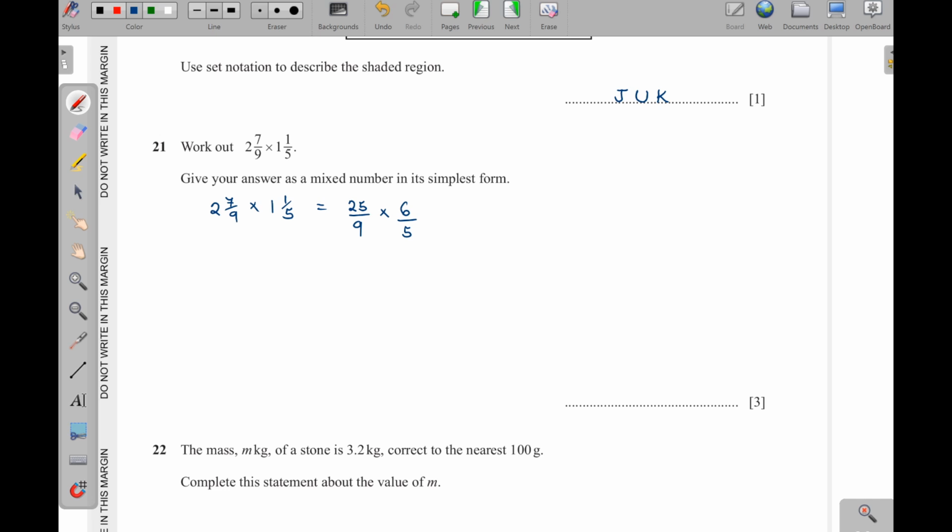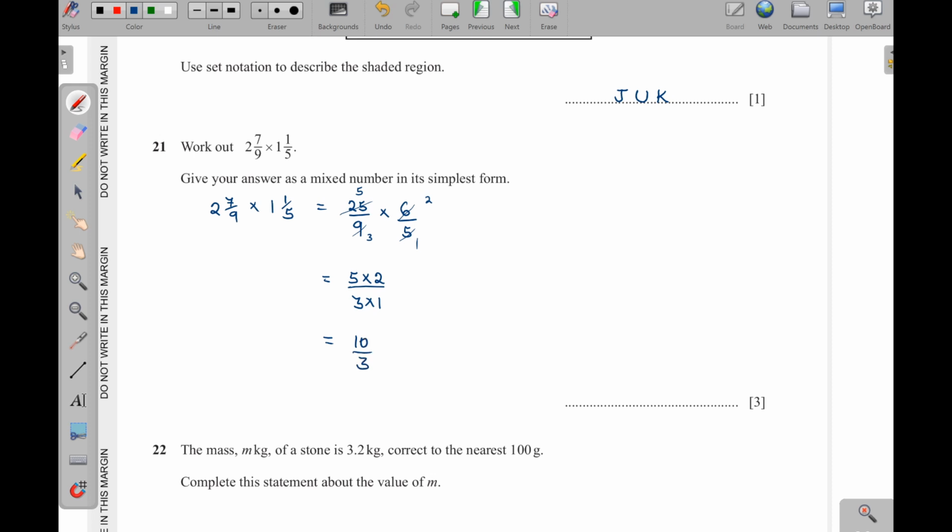Out of 5. Now 5 can go here once, and then here 5 times. Are we there? Then next 3 can go into this one 2 times. 3 can go into this one 3 times. So that means we shall have 5 times 2 in the numerator, and then in the denominator we have 3 times 1. So we shall get 10 out of 3.